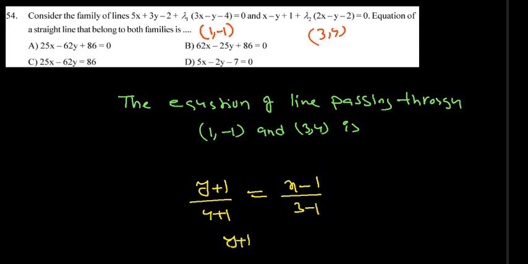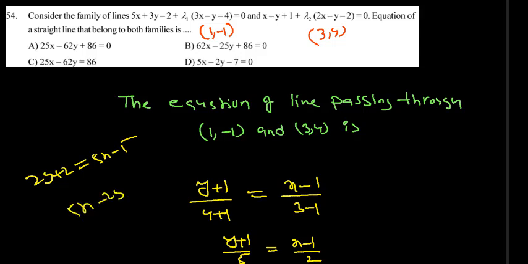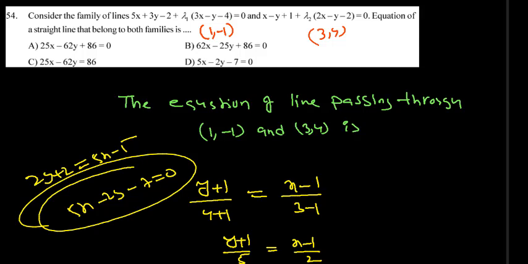That is y plus 1 by 5 equal to x minus 1 by 2, or 2y plus 2 equal to 5x minus 5, or 5x minus 2y minus 7 equal to 0. This is the required equation. Okay, 5x minus 2y minus 7, and so I can go with option B.